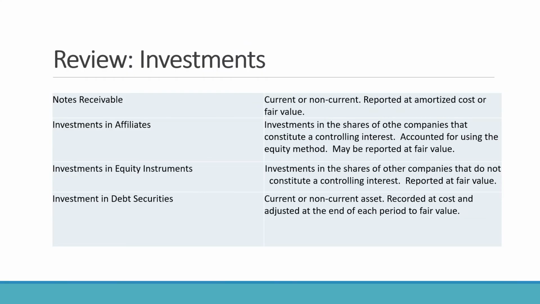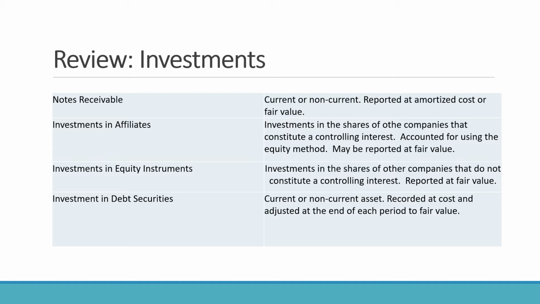The next category that we might see on a statement of financial position is investments. Companies make different types of investments. They might invest in land for speculative purposes. They might loan companies money and record notes receivable. They may have excess cash that they choose to invest in notes receivable.